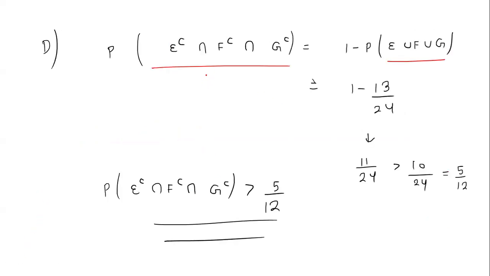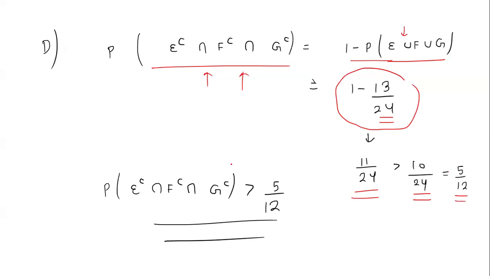So this is the same as 1 minus the probability of this, and if you put the maximum value, which is 13 divided by 24, then you get the minimum value of this thing. So this is always greater than or equal to 11 by 24, which is obviously greater than 10 divided by 24, and 10 divided by 24 is the same as 5 by 12.